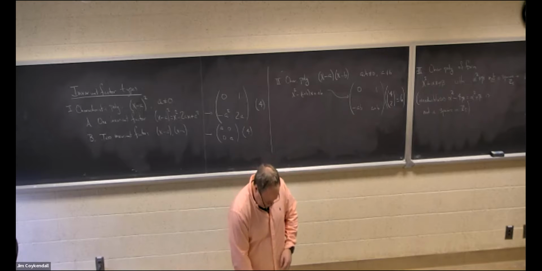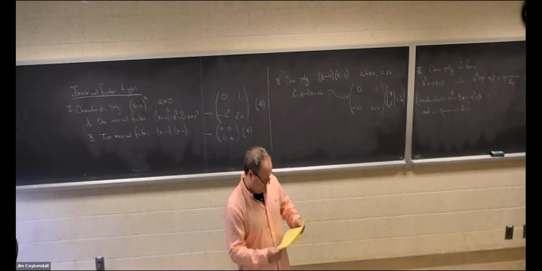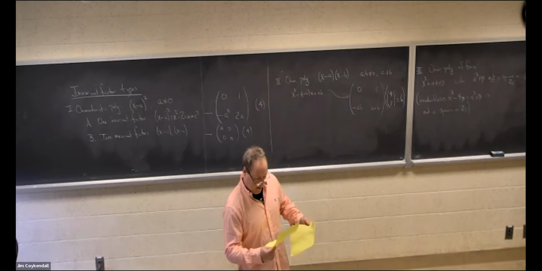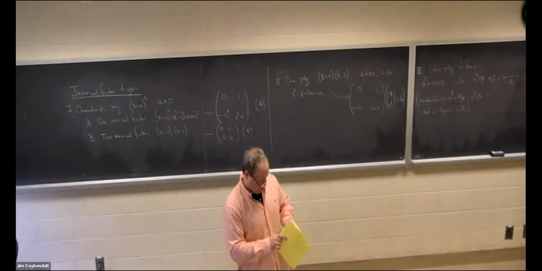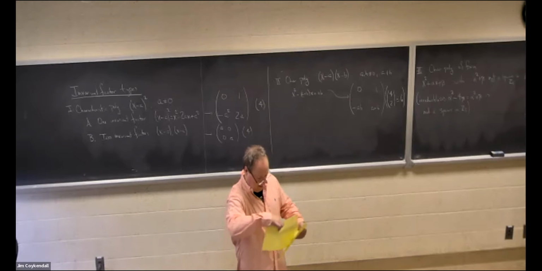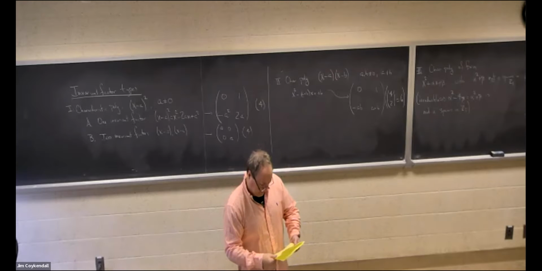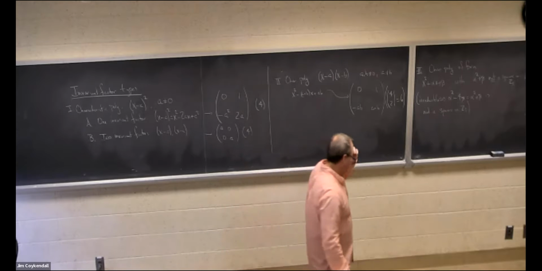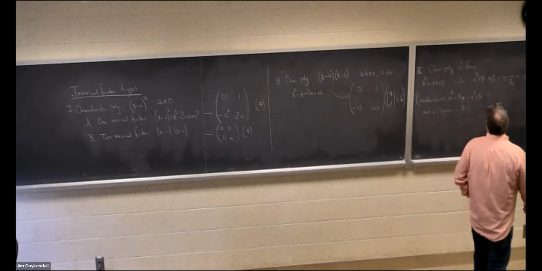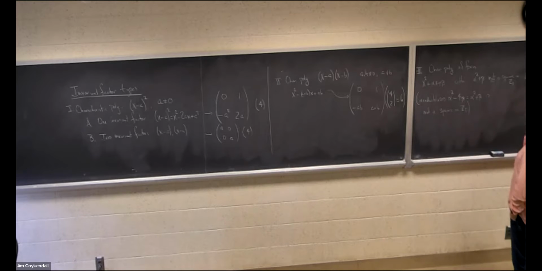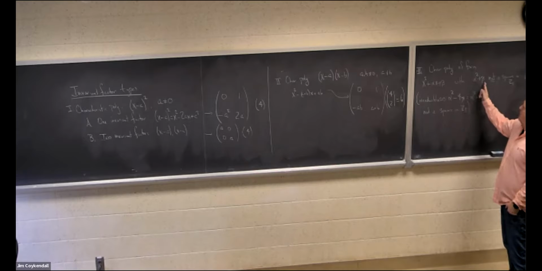Actually, I got something like 10 possibilities for this. Of course, you can't pick beta equals 0.